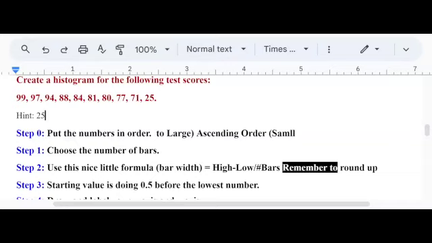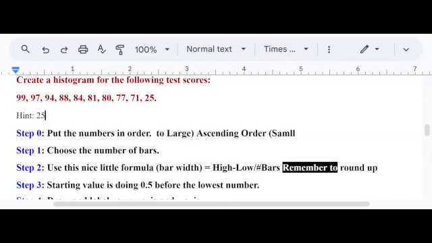Now choose the number of bars. How many bars do you want? How many rectangles? 4? Okay. So write down 4 bars on the paper. Step 2, use a nice little formula: bar width equals high minus low. What is the highest value? Minus the low. Which one is the lowest value? 25. Write it down on the paper: 99 minus 25.